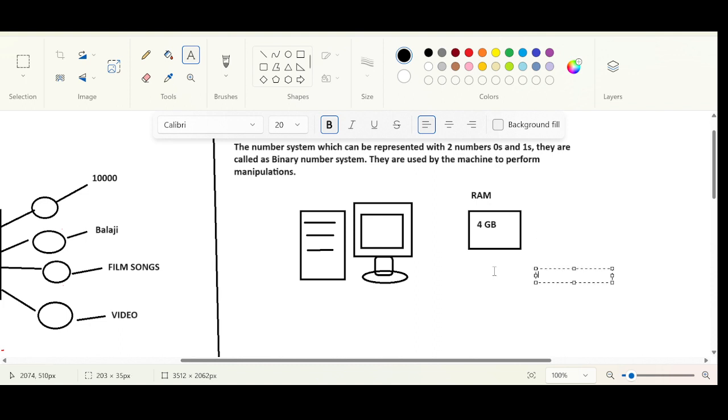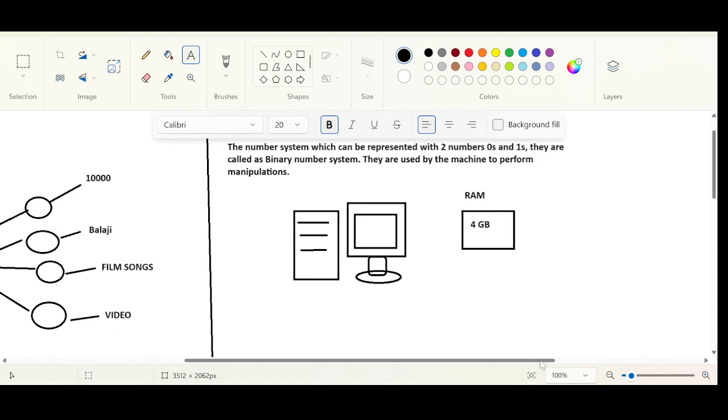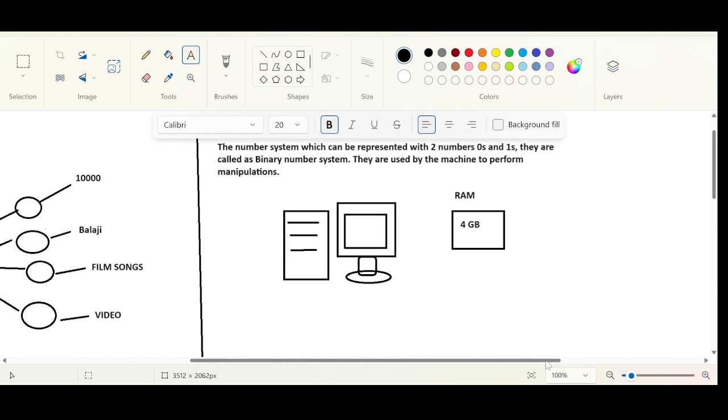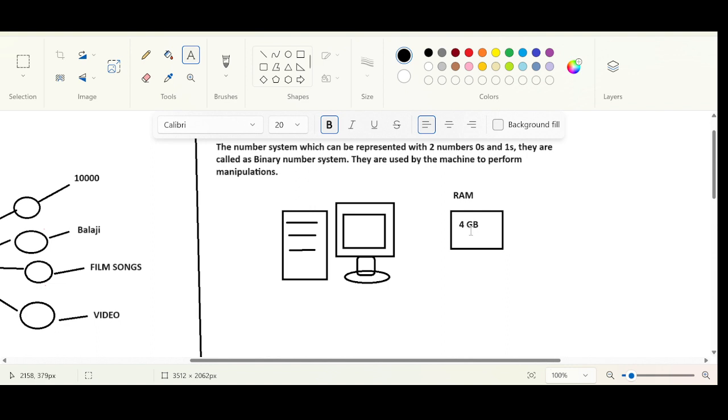Right? And if anyone asks you what is the smallest unit of memory that any electronic chip or any machine can come across? 4 GB is a very big memory, but your computers may hold up to 8 GB, sometimes 16 GB of RAM. The size varies from system to system.